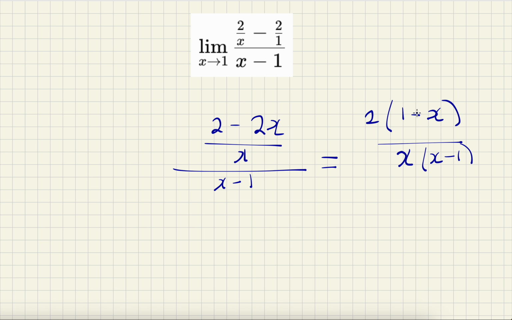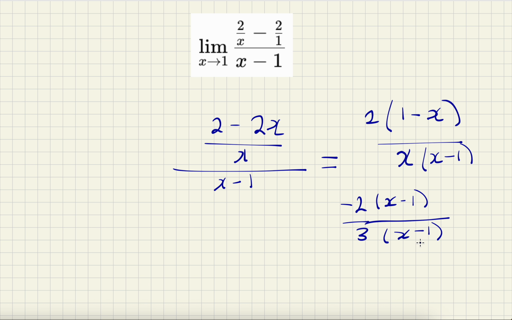And so we can see that 1 minus x and x minus 1 are almost the same, except that you need to multiply one of them by negative 1 to get the same expression. We can simply take a negative 1 outside from this top 1 minus x, and we get negative 2 over x times x minus 1.